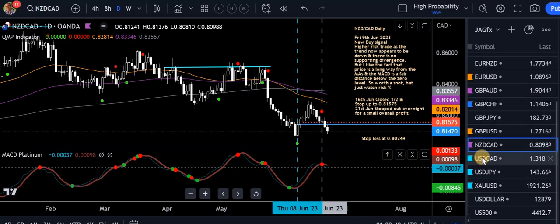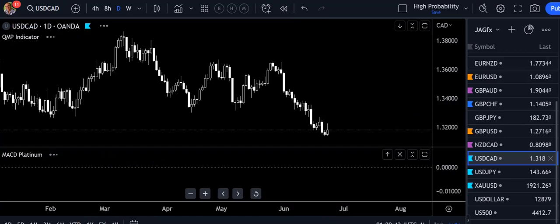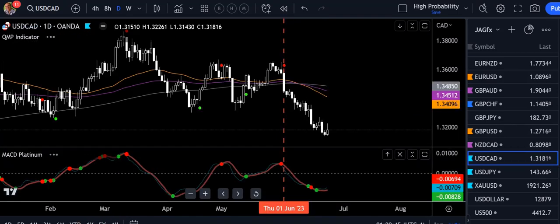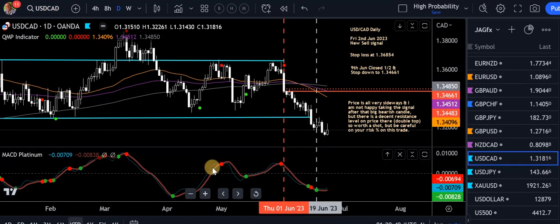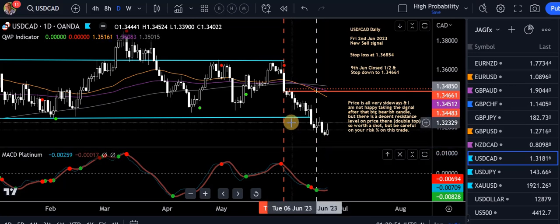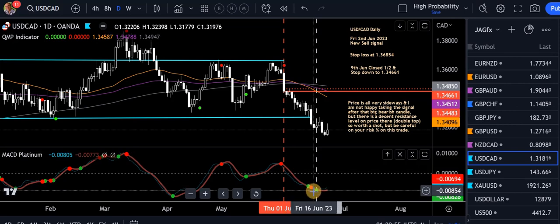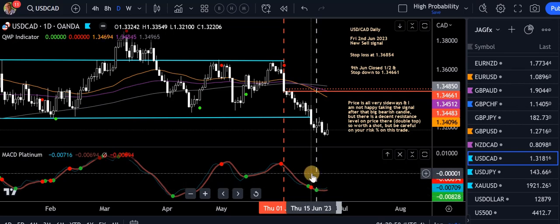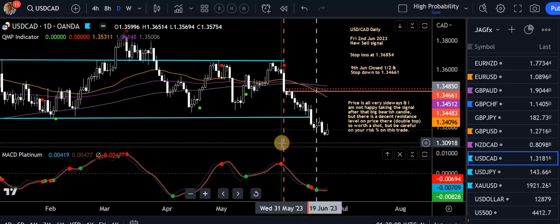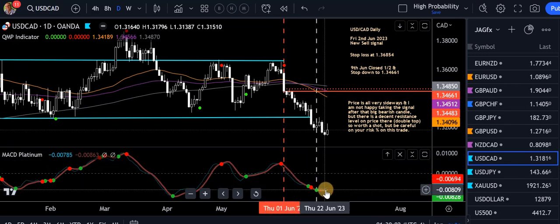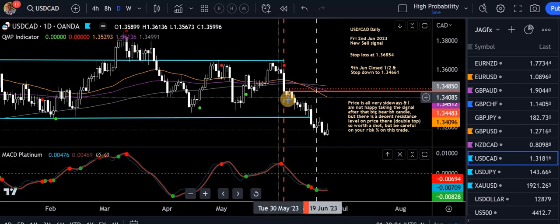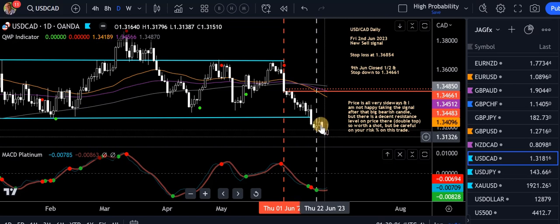USD CAD, what do we got going here? All right, we're in a sell, can't lose. There's a grey vertical line here. It's just a warning signal. There's a green dot on the MACD Platinum below the zero level, so it puts me in buy mode. You see the MACD Platinum starting to turn around, whereas price is still continuing down slowly.